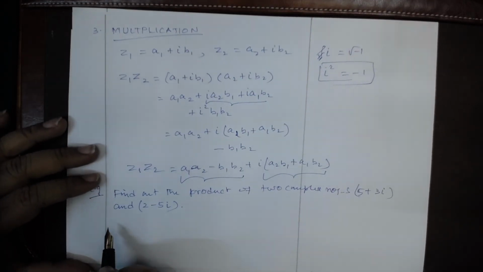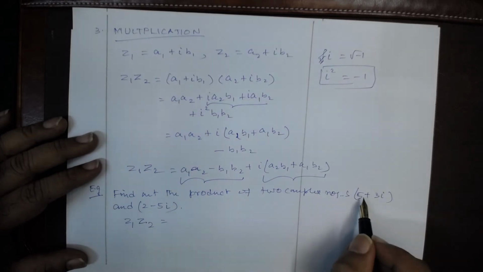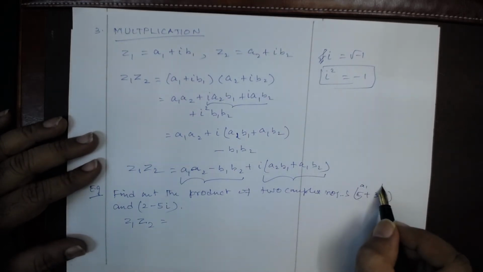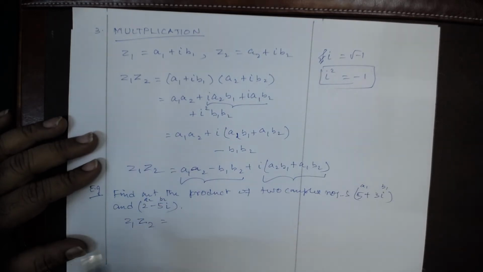Okay, so we can substitute here Z1, Z2. So Z1 is, let us call it, this is A1, B1, A2, B2.